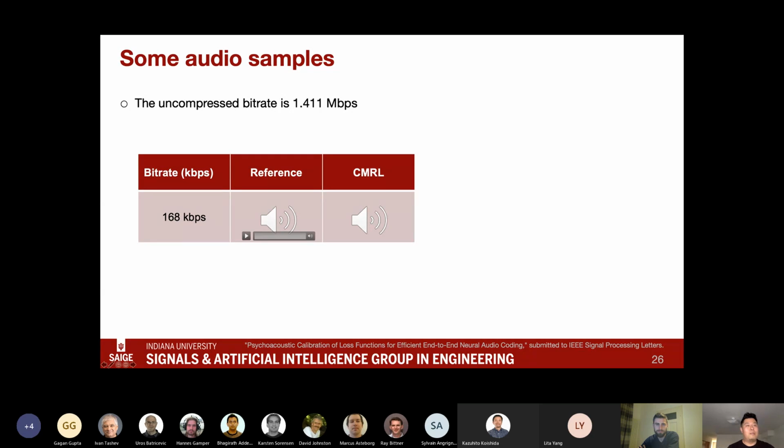So I performed it myself. This is at 168 kbps, which is a relatively high bitrate setting, but the loss function is just based on mean square error. It's just not perceptually salient enough. As you will see, the performance is not good.